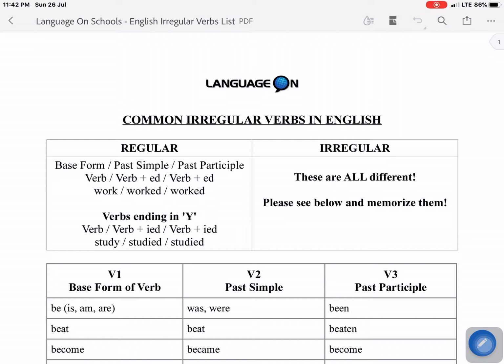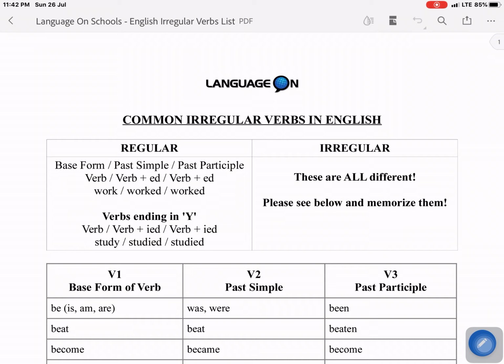Conjugation of verbs means various forms of verbs. Division of verbs into various forms, that is V1, V2, V3 and V1 ing.